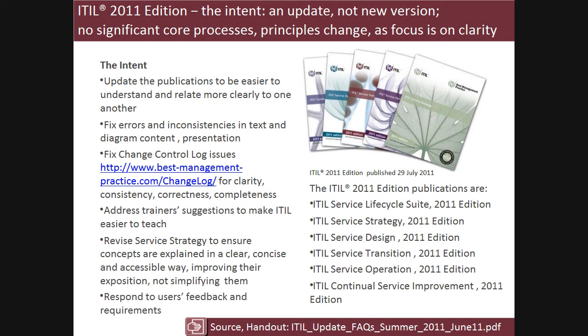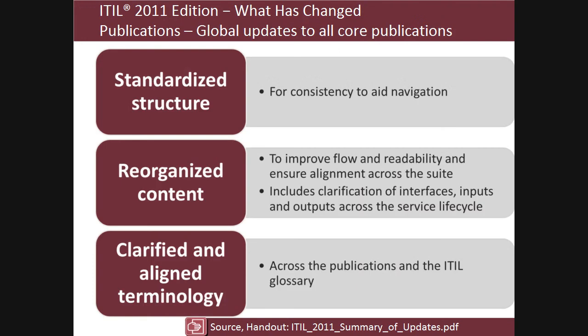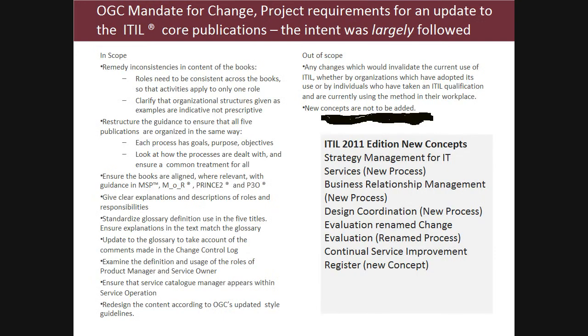It was messy. Why can't we have consistency from process to process, in the way the books and processes are laid out, so that we know they're complete and consistent? That was the intent of the update. What they were going after was a standardized structure, reorganized content, and clarified and aligned terminology. Let's rationalize this so that when you go from book to book, or process to process, it's not different. That was the mandate.